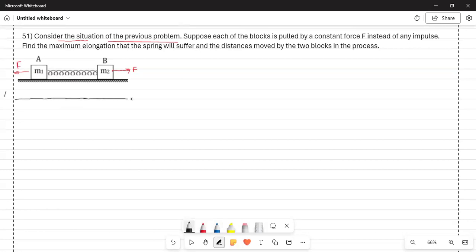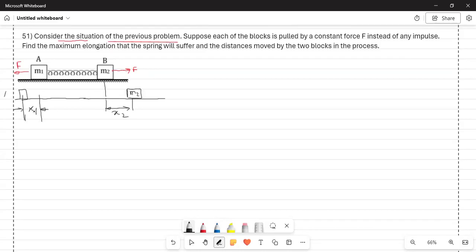Let us draw a line here. Say block M2 may come here, and let us say the distance traveled by M2 is x2. Block M1 also will be shifted, and let us say the shift in M1 is x1.